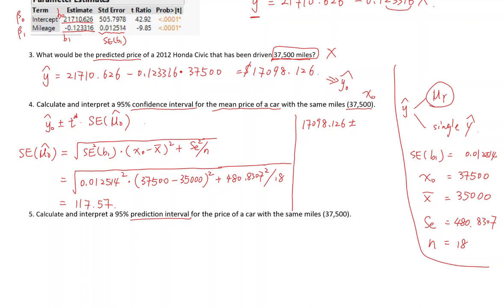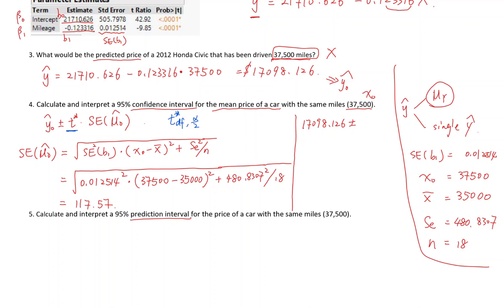What is t star? Here we have the t star, which is our critical value. The t critical value will be based on the degrees of freedom and alpha over 2.